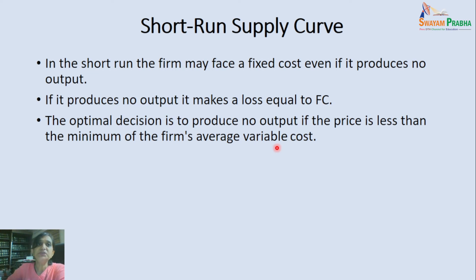But if the price of the product is so low that the firm is not able to cover even its average variable cost, that is the cost it is spending on the variable inputs, the firm optimally should not produce because it is paying out of its own pocket. If it stops production, the loss will reduce because it will not have to pay for these variable factors of production.